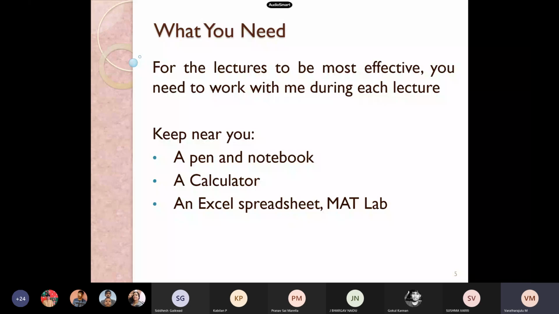Yes, you need to work along with me in order to have an effective class, and you should have a pen and notebook. Put a separate notebook for numerical methods, and copy down everything in the notebook. Since it is a mathematical subject, you should have your separate notebook, and even one of your assignments would be the notebook.